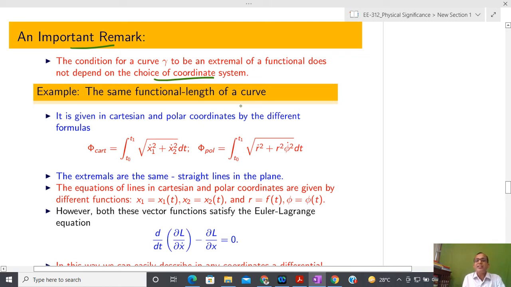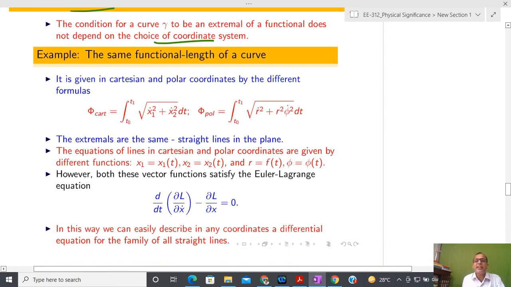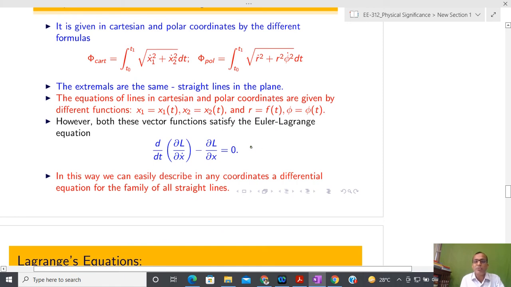You can consider polar coordinates or any other coordinate system, and it is always possible to show that it will satisfy the Euler-Lagrange equation. And the beauty is that whenever you do mathematical modeling with the Euler-Lagrange equation, there is no need to worry about the choice of coordinate system.